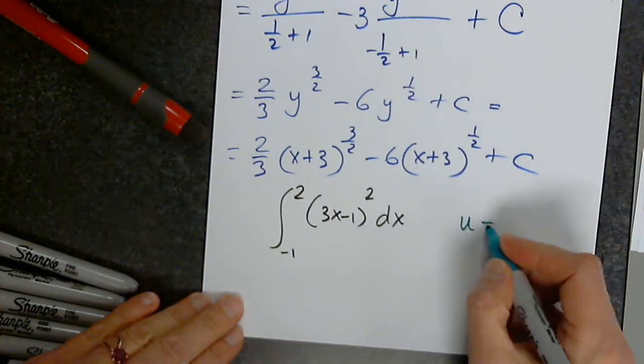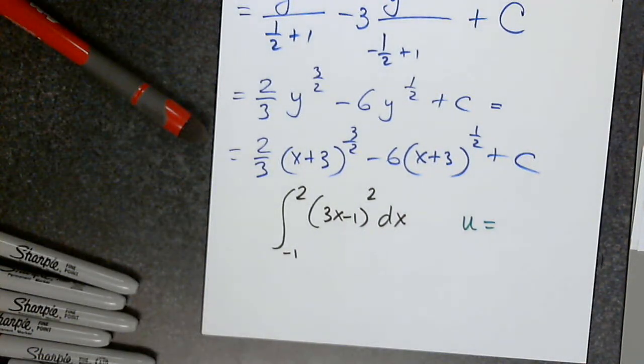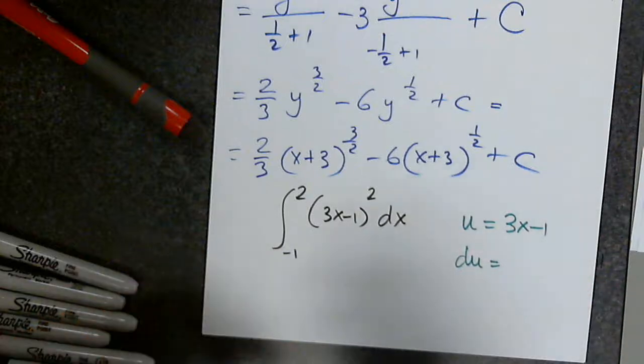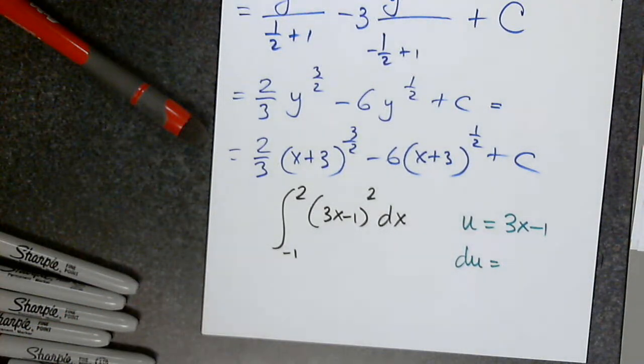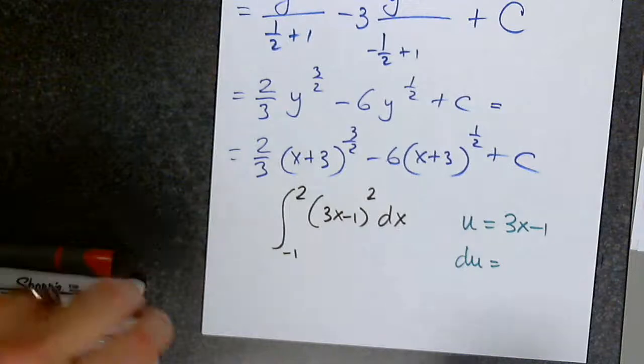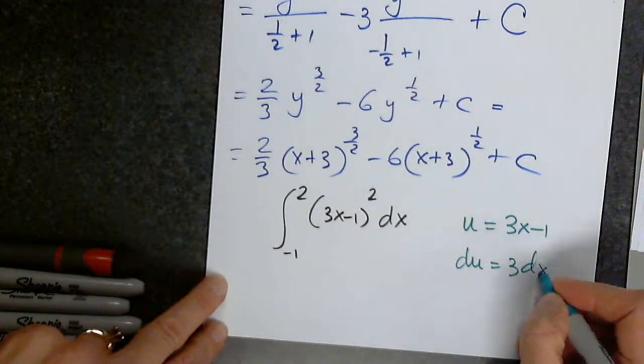So let u be, what would you like u to be? Right, that's what I want as well, as long as du is in the problem. If du cannot be created with a minor tweak, it's not the right substitution. What is du? 3dx. Not a big deal.